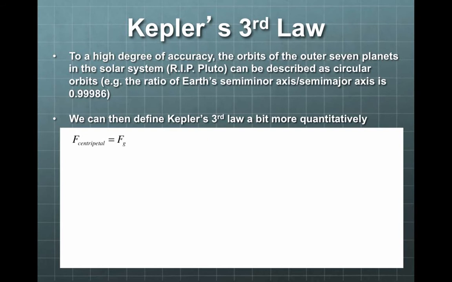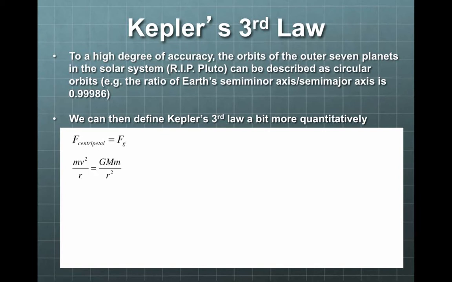And this will hold not just for planets, but for any object orbiting a larger object. Typically we'll call that smaller object the satellite, and the object about which it orbits the central body. So the central body is the object about which the satellite orbits.